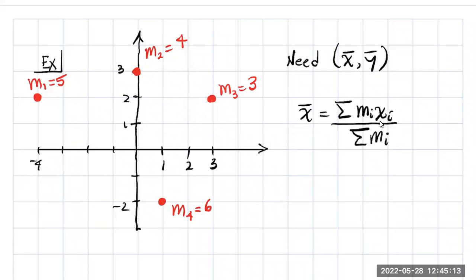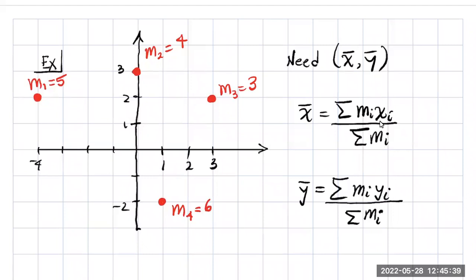What would the one for the y coordinate be? Yeah, good. It would be in a similar way. We will write it like this, right? Now all we have to do is just calculate both of these values and we'll have an ordered pair.